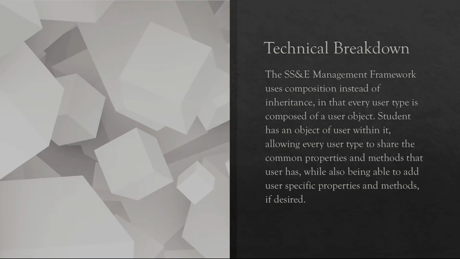That would take a long time. It's very tightly coupled together, which means that if I change anything in user, I have to then change it in all the classes that inherit from user, and that's not very good.